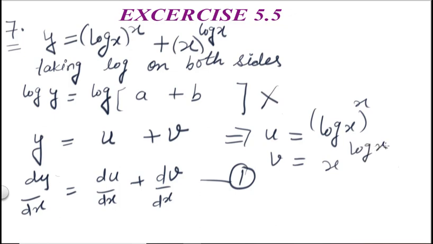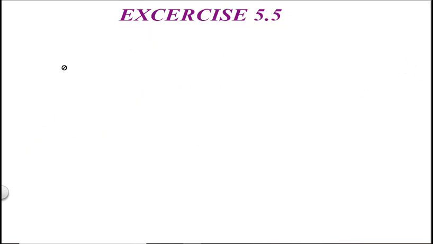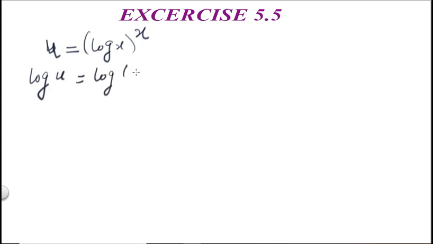So let us differentiate on a separate sheet both the functions. Now what is our u? Our u is (log x) to the power x. Here you see we can take log on both the sides. So taking log on both the sides, what we will have is log of u equals log of (log x) to the power x.